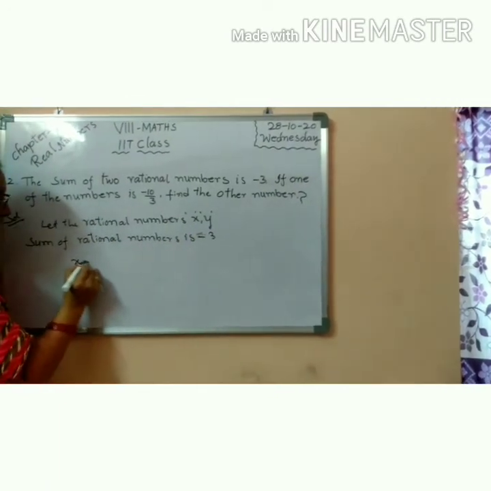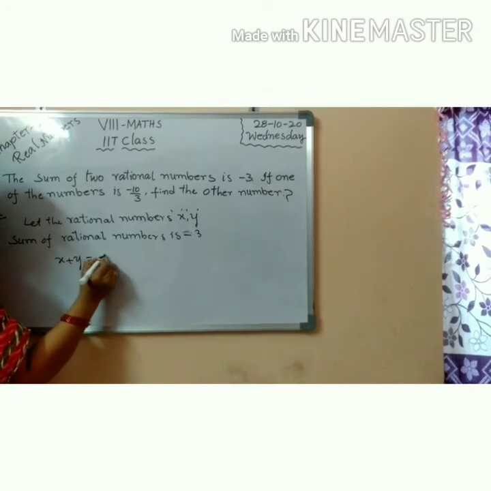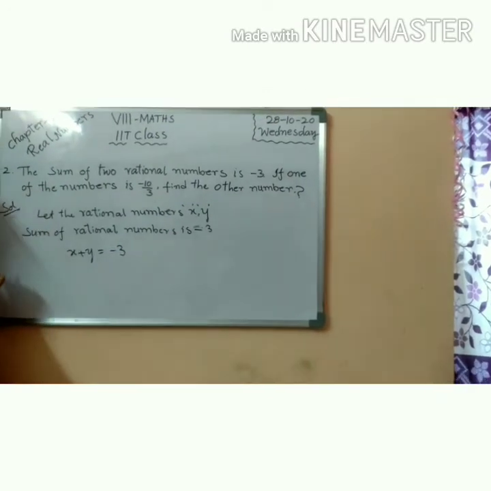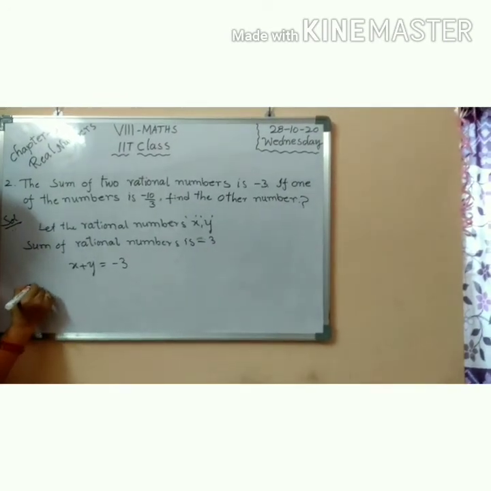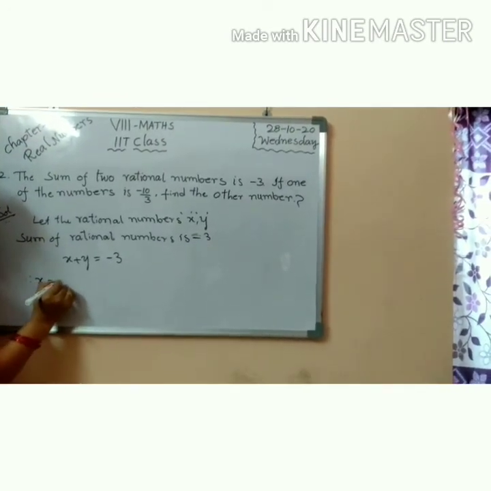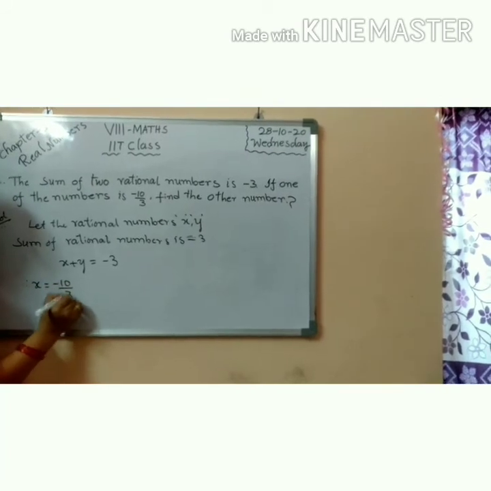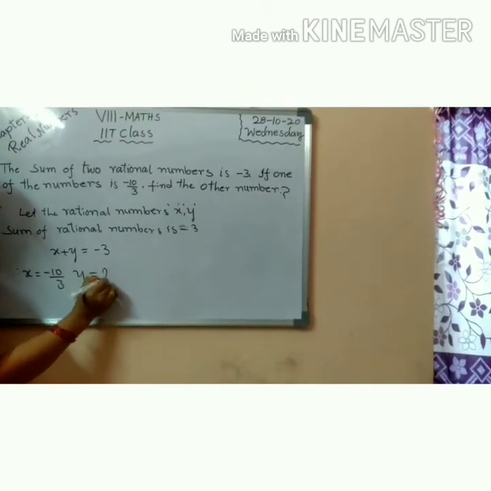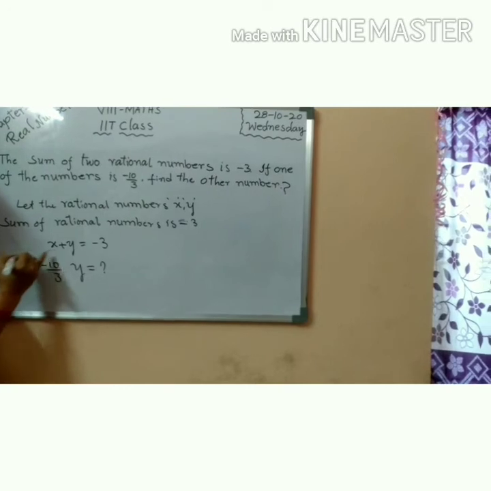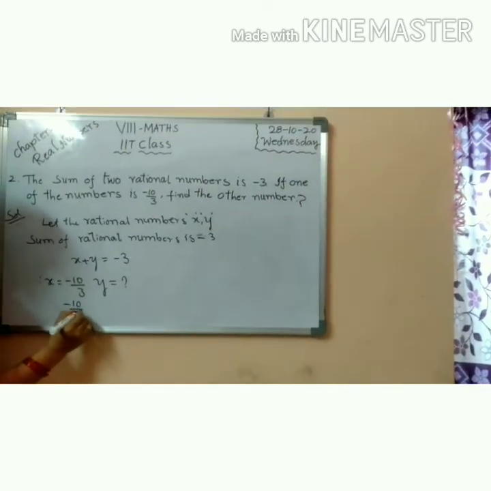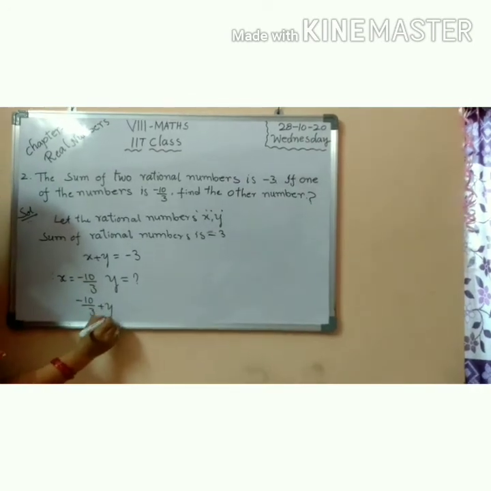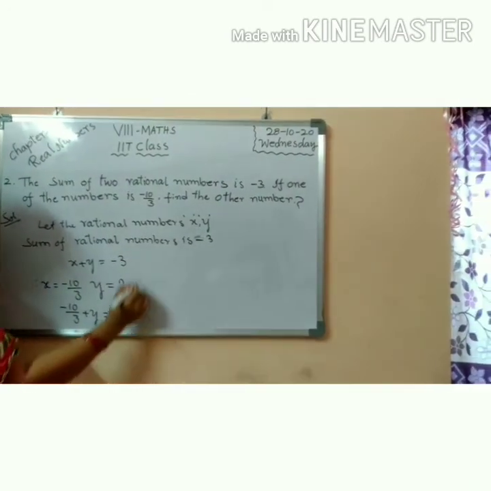So, x plus y equal to minus 3. Sum means addition. If one of the numbers is minus 10 by 3, therefore x equal to minus 10 by 3, then you will find the y value, the other number. Then substitute in the equation: minus 10 by 3 plus y equal to minus 3.